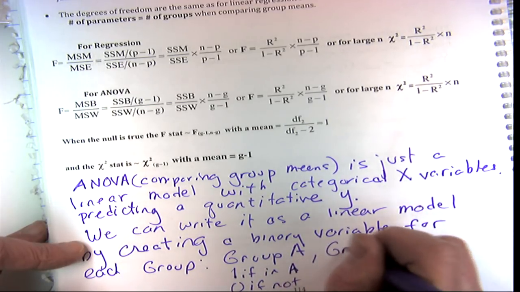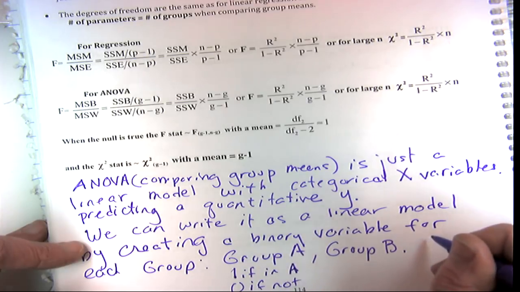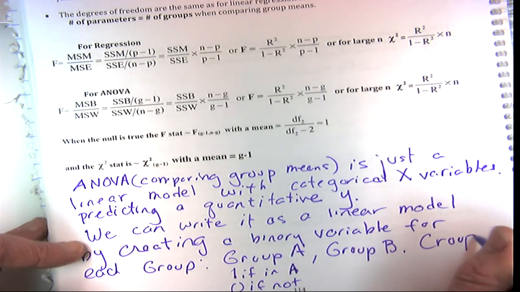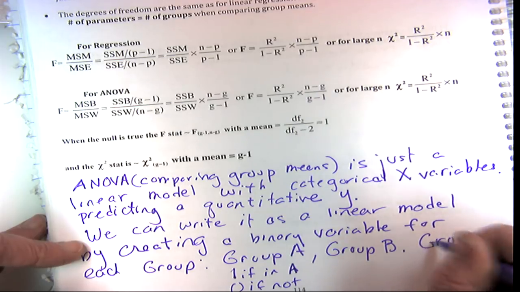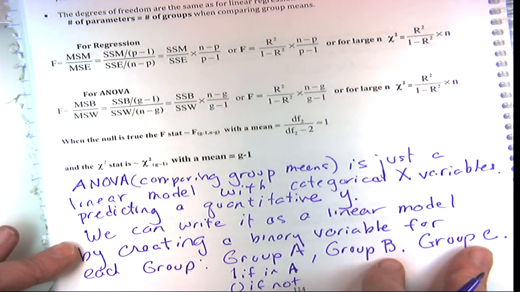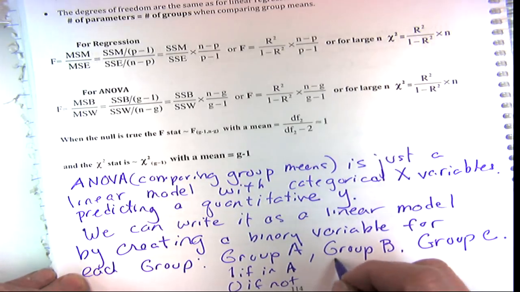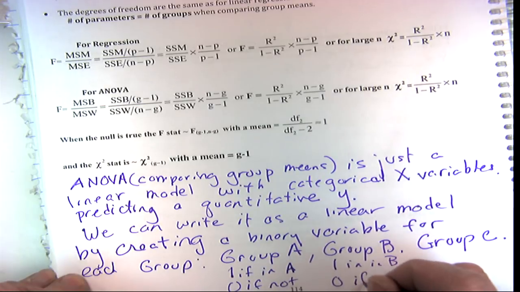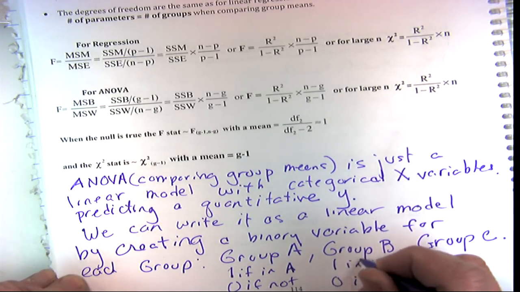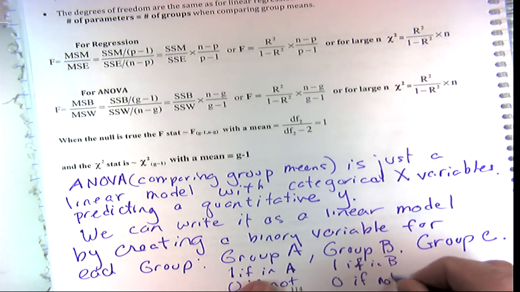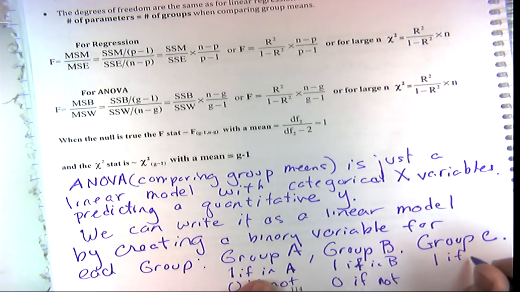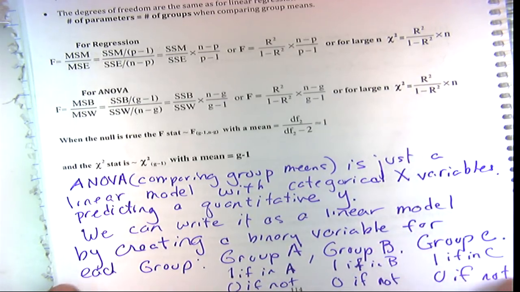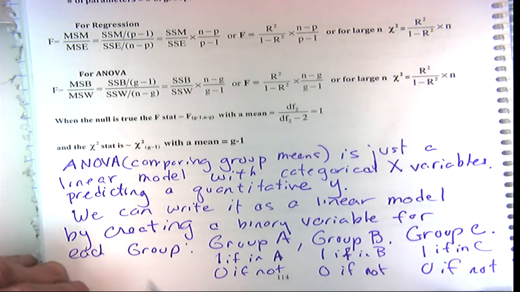And we'll do the same with group B and group C. This one will be 1 if in B, 0 if not. And this will be 1 if in C, 0 if not. Like we've done before, right? So that's what we're going to do right here.